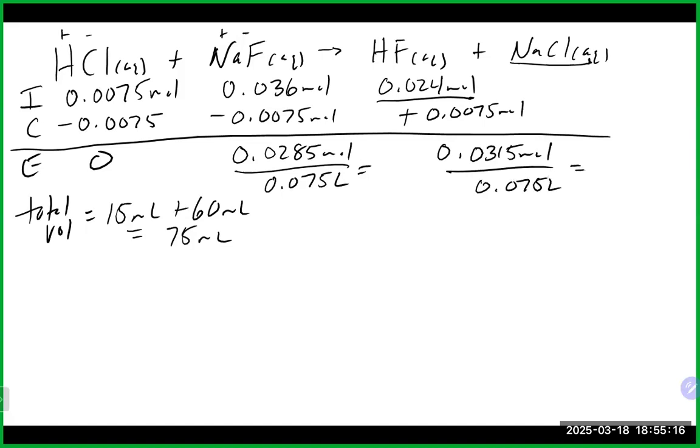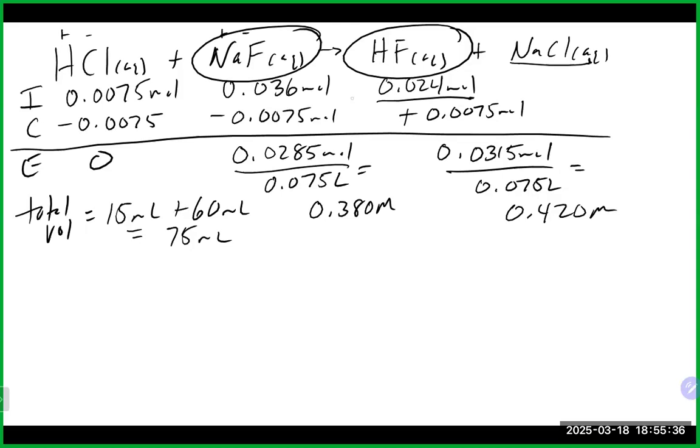That's going to give us a couple of concentrations here: 0.38 molar, and 0.0315 divided by 0.075, 0.420 molar. Once again, if you're not sure, this is all you have left in your ice table, which again you should still recognize as a buffer.